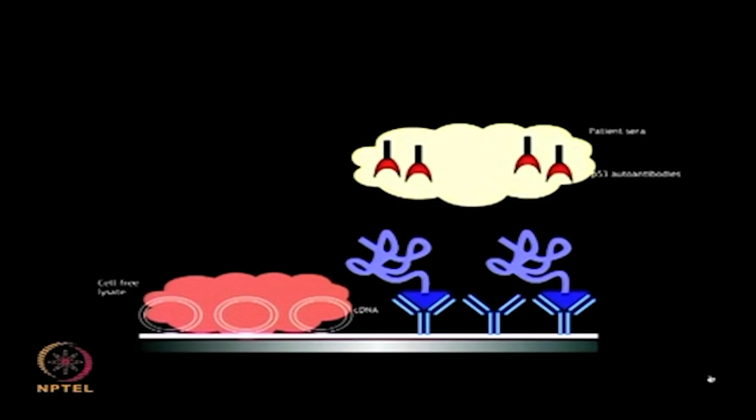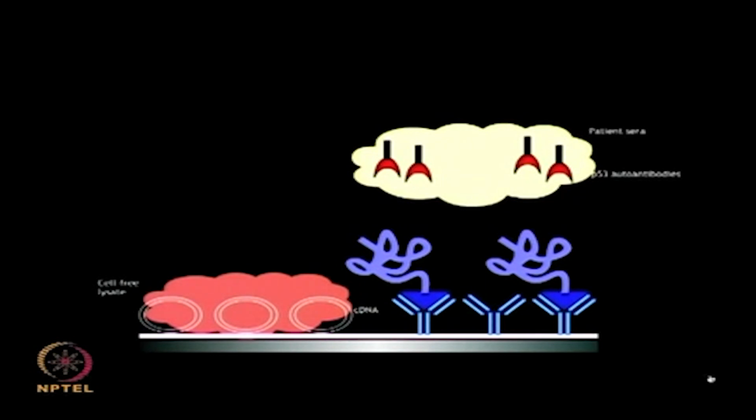As you can see, in the NAPA chemistry, cDNA, BS3, BSA and capture antibody, these 4 features are printed on the chip surface as a master mix.